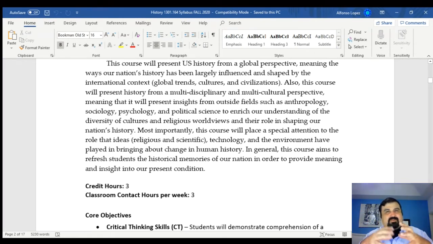It's not an island unto itself that is isolated from the rest of the world, but rather, the formation and development of the United States was shaped by a combination of influences coming from many parts of the world, whether European influences, the arrival of the Europeans in the 1500s and 1600s to colonize the Americas, their interactions with the Native Americans, or also the peoples of Africa who were brought to the Americas in the slave trade.